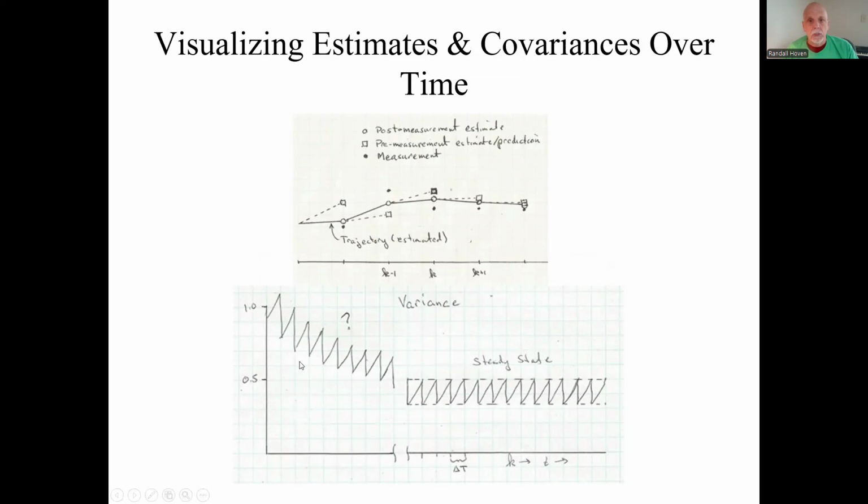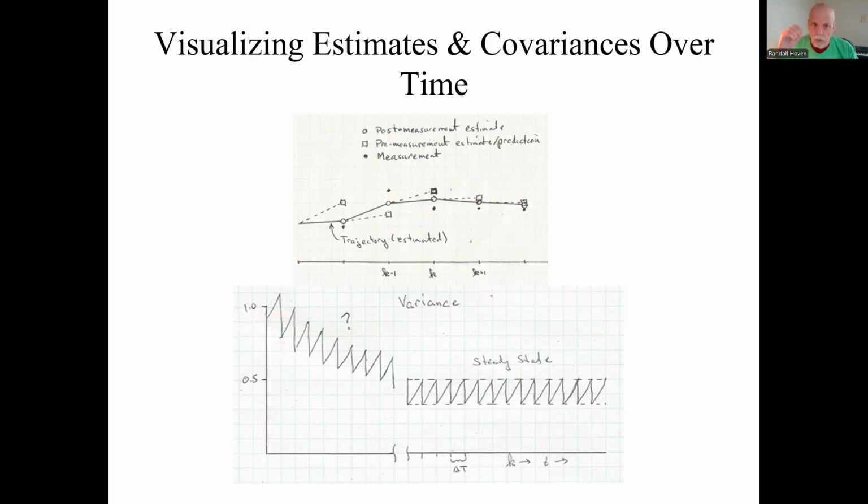I'll continue this. What this picture, from the previous chart, was for the state. The variance might look something more like this. Between measurements, it's going to grow. We're not getting any measurements, so it's only going to grow because there's process noise. But then once we get a measurement, boom, we bring it down.